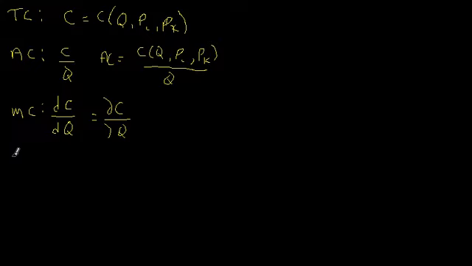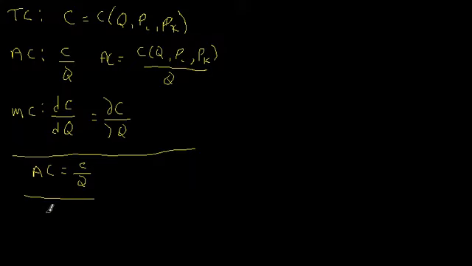Now, what's the relationship between the marginal and average cost curves? Let's write average cost, as we did above there, as C over Q. What's the relationship between marginal cost and average cost? In order to examine that question, we find out where the minimum or maximum points on the average cost curve are.